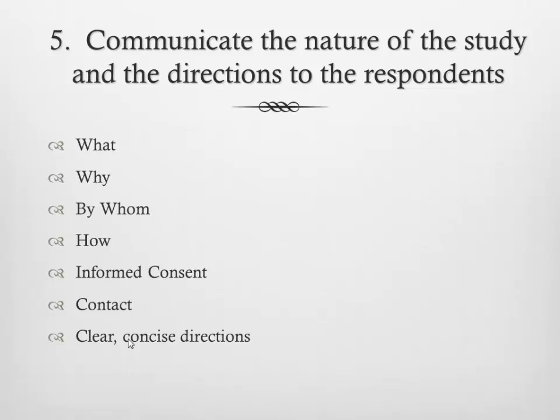We're going to talk more about writing clear and concise questions, but the directions also have to be very clear and concise. So things like, when do you need this back? How do I return it to you? How should I return this questionnaire when I'm finished with it? All of those sorts of questions, you need to provide clear information about that.